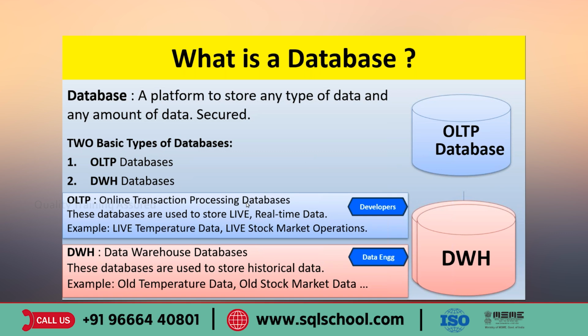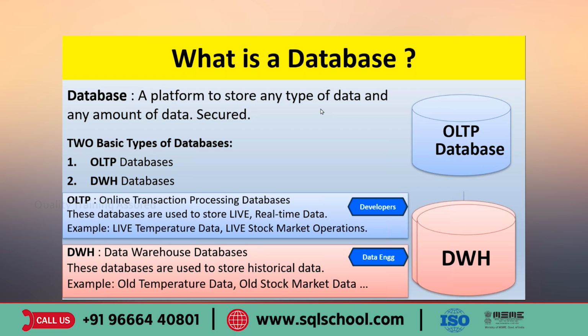For example, live temperature, online stock market activities, or online banking, anything live is OLTP. The other one is data warehouse, to store historical data, inactive data like old temperature, old stock market, etc. So OLTP, and the other one, data warehouse.